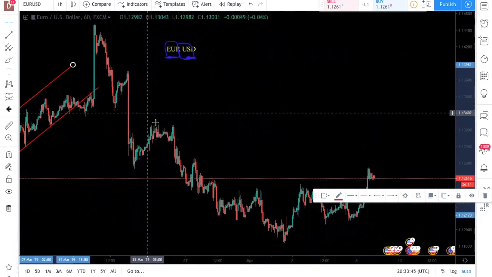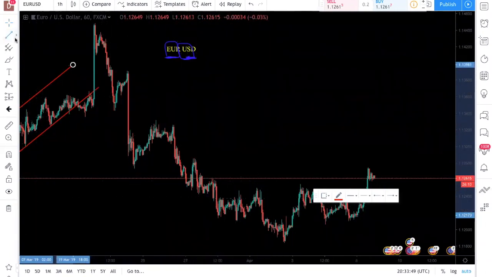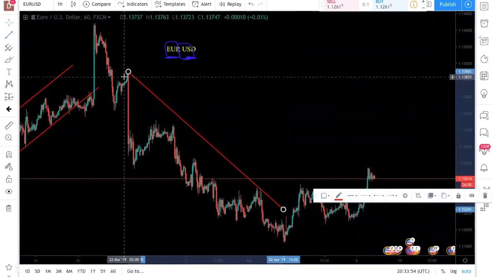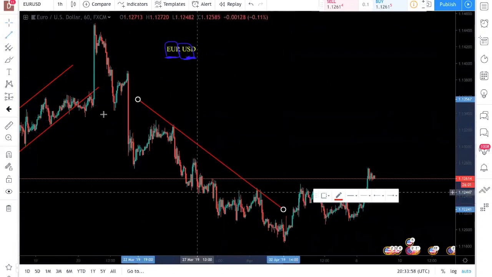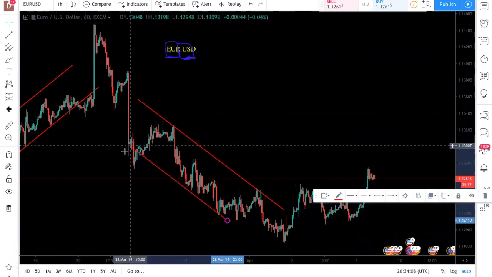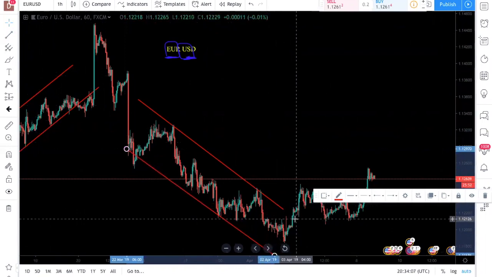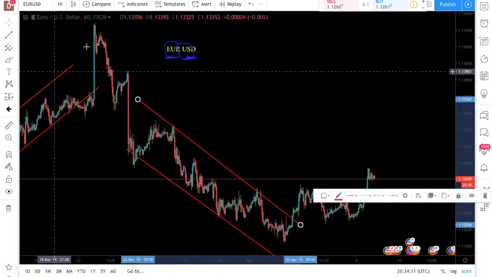As you can see over here, the market made its way back down. So let's draw a couple trend lines here. I'm not doing this for perfection, just to show you all so you can see where I'm speaking of. As you can see, the market made its way back down after it came up.